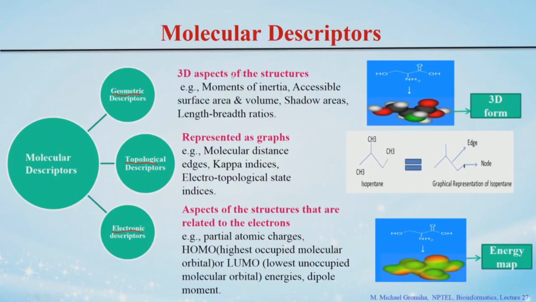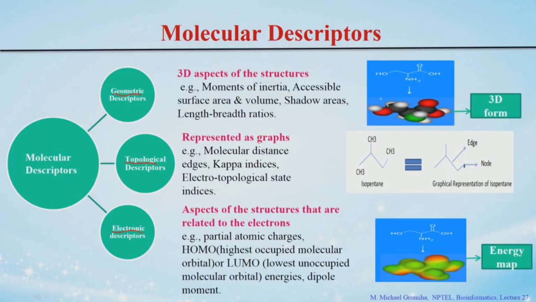For example, for the 3D aspects, such as the moment of inertia, we discussed earlier calculating the moment of inertia from 3D structures, and also the accessible surface area. How do we get the accessible surface area? By rolling a water molecule, you can see how far each atom is accessible.